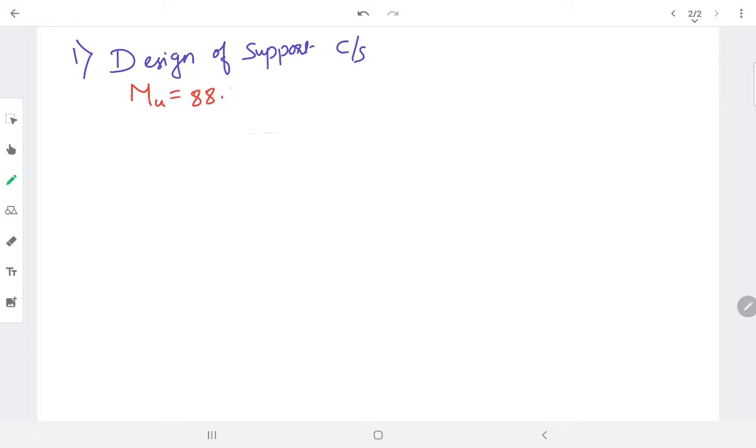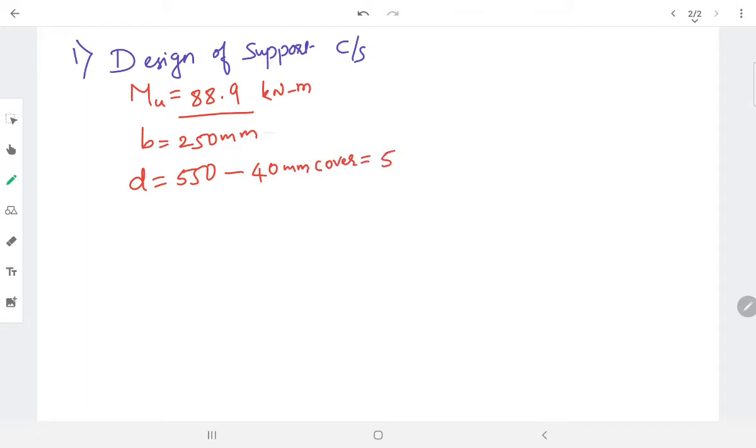The bending moment at the support of the beam was 88.9 kilonewton meter, and the width of the beam was 250 mm. The depth of the beam is 550 mm, the overall depth, and I'll reduce it by 40 mm cover. So I'll get the effective depth of the beam, that is 510 mm.